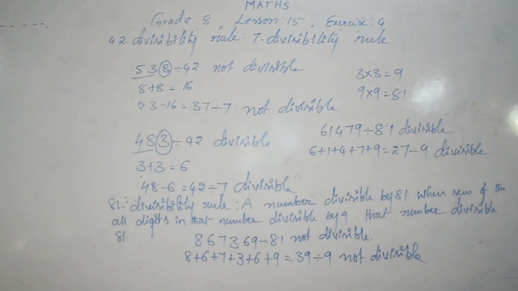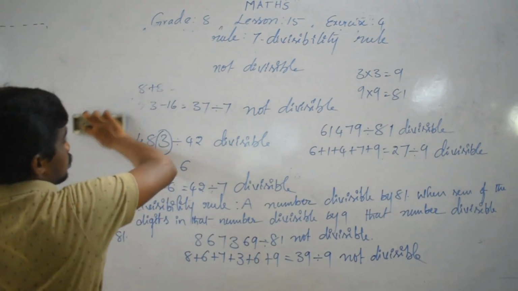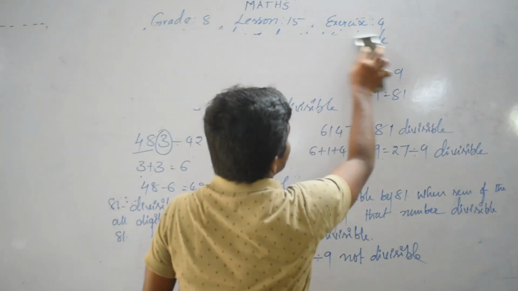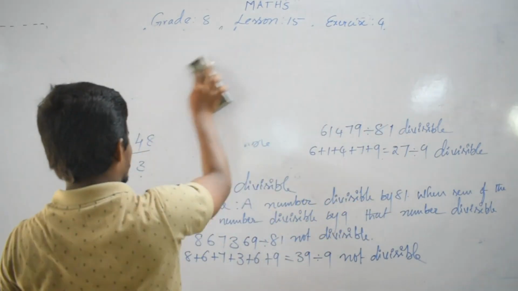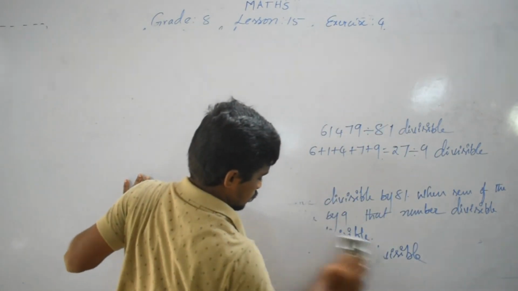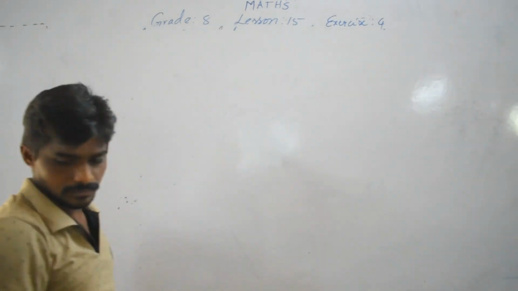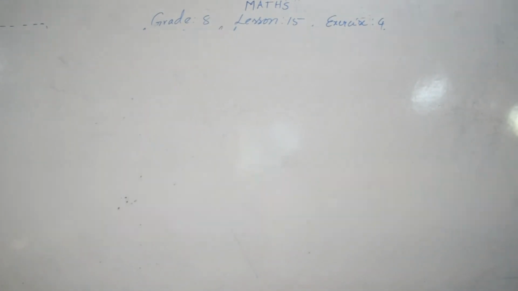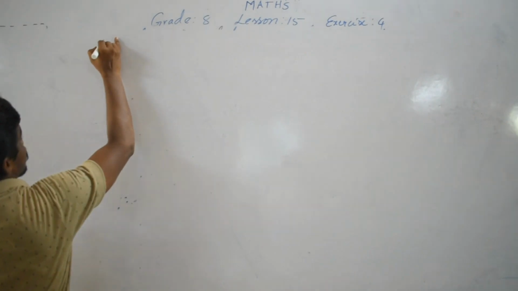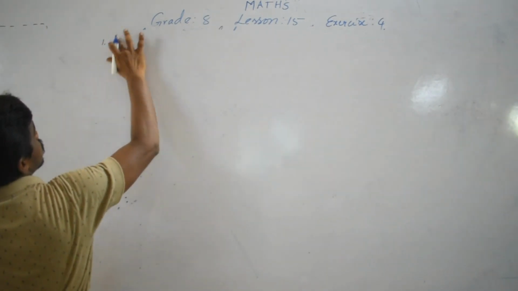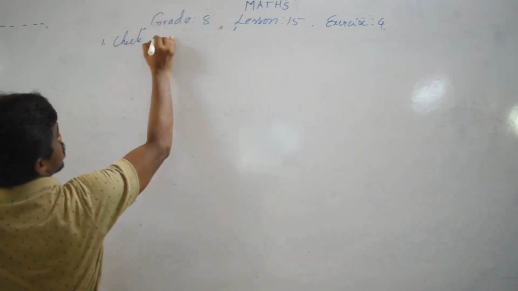Next one, exercise 4, first problem. Check whether 25,110 is divisible by 45.